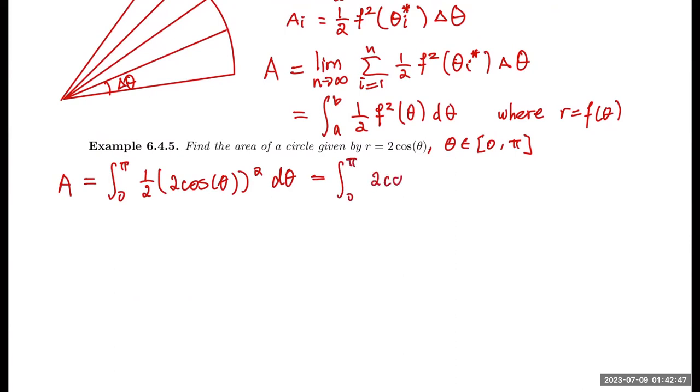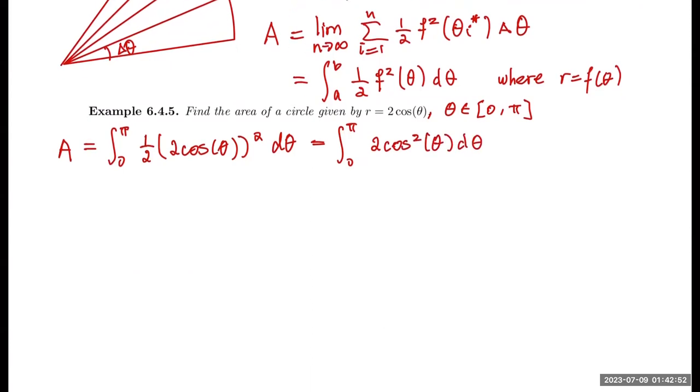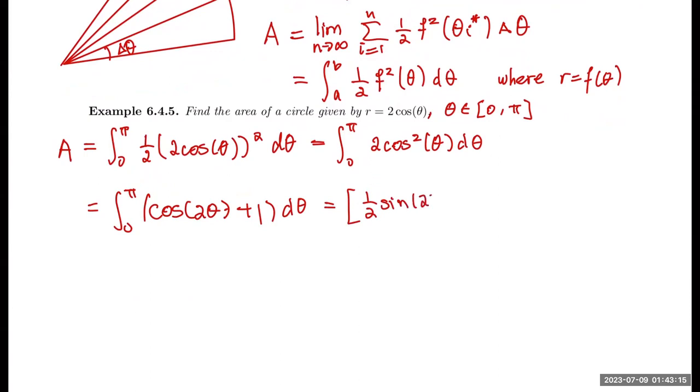If we evaluate this, we get the integral from 0 to pi of 2 cos squared theta d theta. That's also the same as saying the integral from 0 to pi of cos 2 theta plus 1 d theta. After we take the integral of this, we should get half sine 2 theta plus theta from 0 to pi.